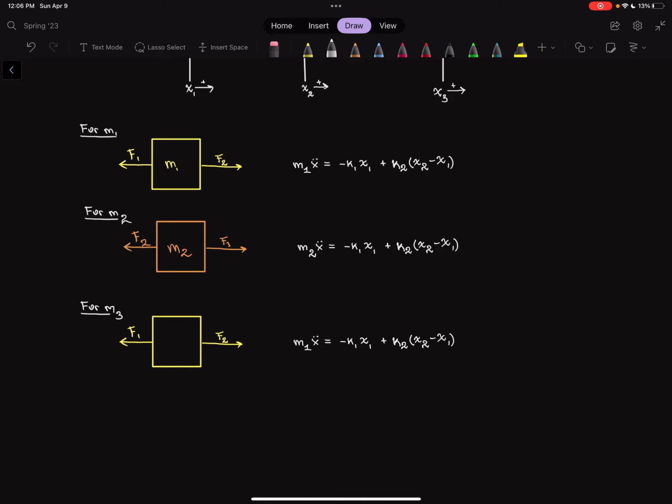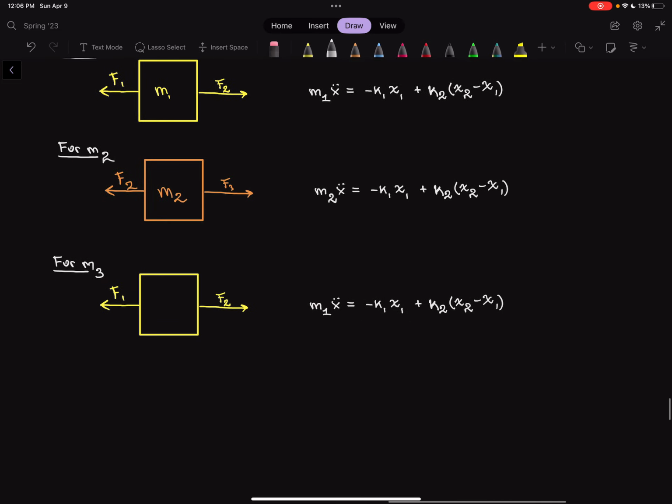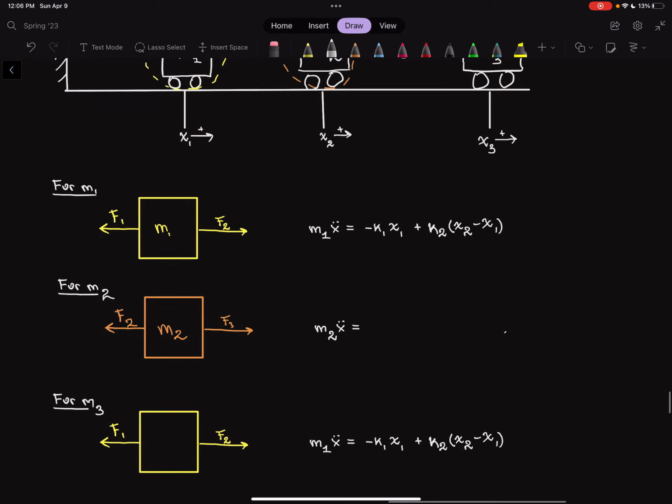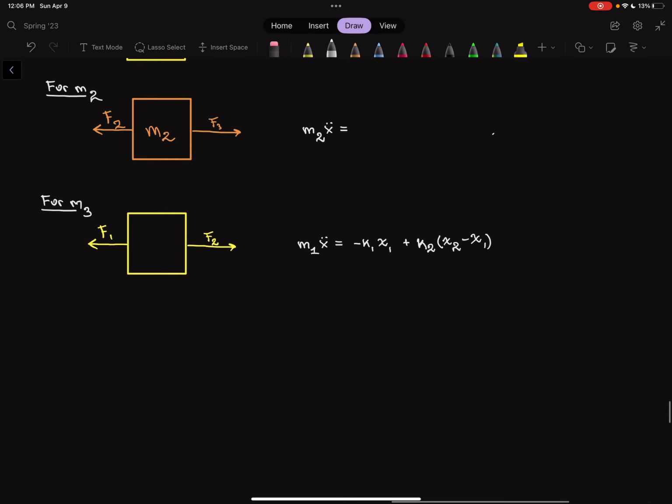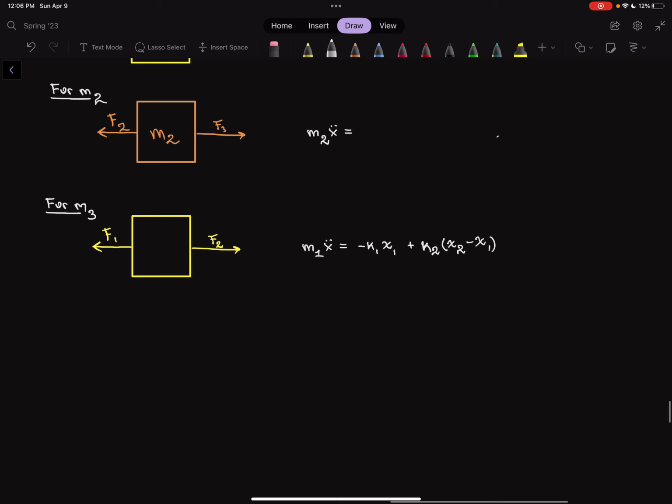So here we're going to have M2 times acceleration, that's Newton, equal to the sum of the forces. Well, what forces do we have? Well, we have this force over here, but now it's pulling back because the force that the spring exerts is the same on both sides. So that's going to be negative K2 times x2 minus x1.